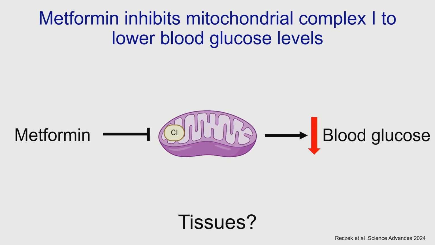Okay, so naturally the next question was, we could start to generate tissue-specific NDI1. Remember, the NDI1 was in the Rosa locus, and wherever the Cre is positive, if you have a beta-actin Cre, it's everywhere. If you have an ALB Cre, you can do it in the liver. If you have a villin Cre, you can do it in the intestines, right?